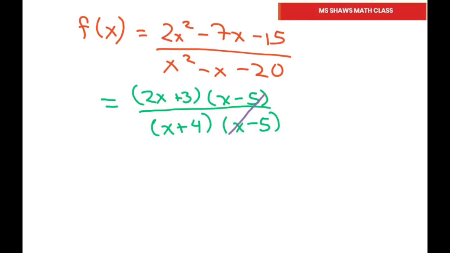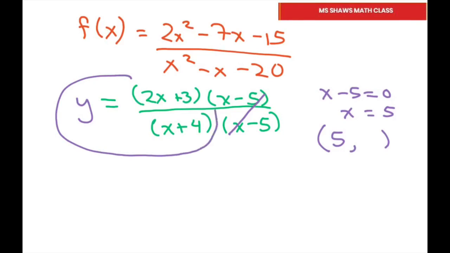It happens here. If x minus 5 equals 0, it occurs when x is 5. To get the y coordinate, you just plug it back into your reduced equation. Let's call this the reduced equation. When you plug that in, you're going to get 13 divided by 9.